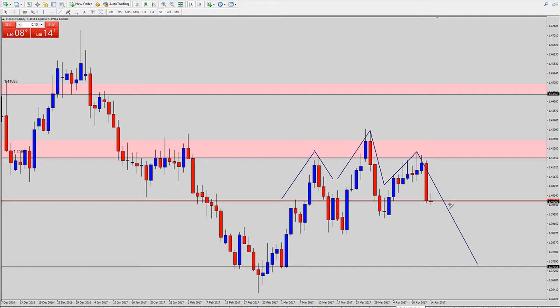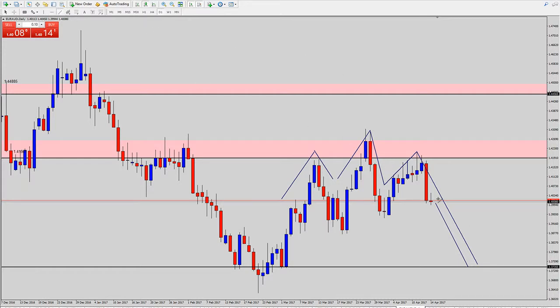So since price action told us that sellers are in the market, we're just looking for a push all the way down to these lows, or potentially all the way down to the 137 zone.